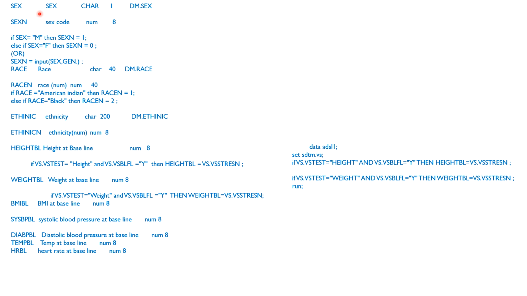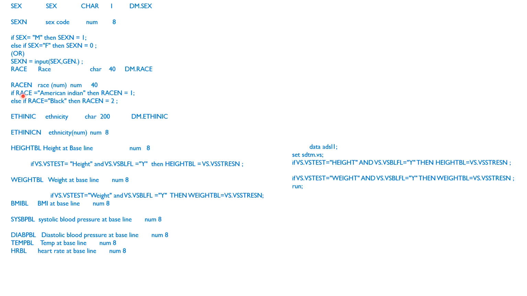So here in the DM domain, we can see the sex variable, right? Here we have created for the sex variable, for whatever data it contains, some numeric variable as per study requirement. So if sex contains M and F, right, for M we use 1 and for F 0. So this is SEXN, the numeric variable for the sex variable as per study requirement.